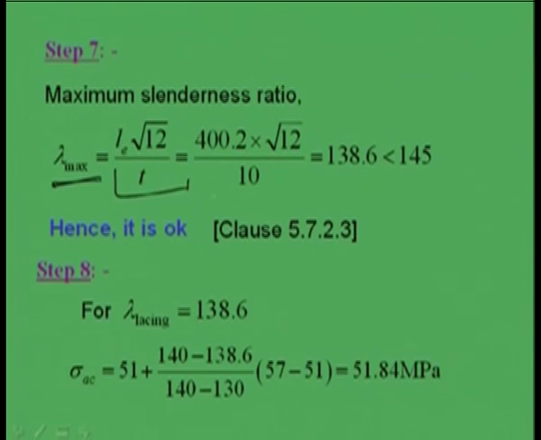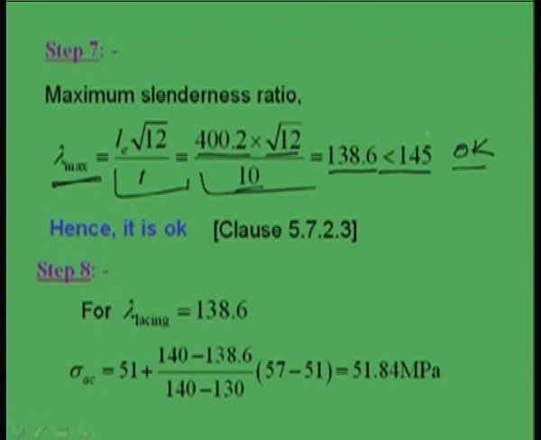So, we have LE as 400.2 and T as 10. If we put those values, we will get 400.2 into root over 12 by 10 is equal to 138.6, which is less than 145. So, this is okay.